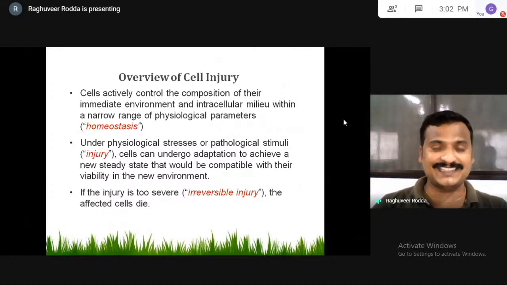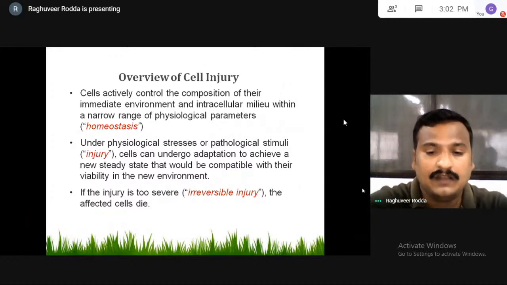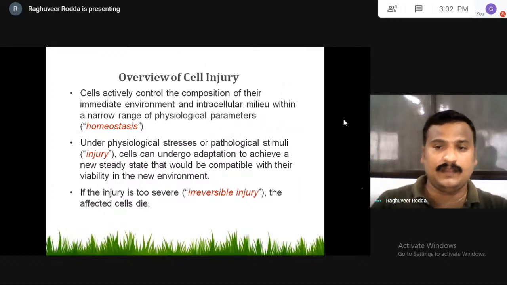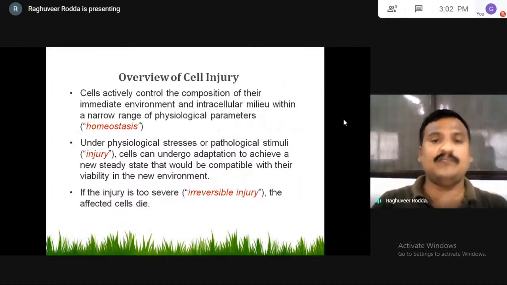That basic structural and functional unit of the human body or the living organism, from single cell organism to multicellular organism, is nothing but the cell.